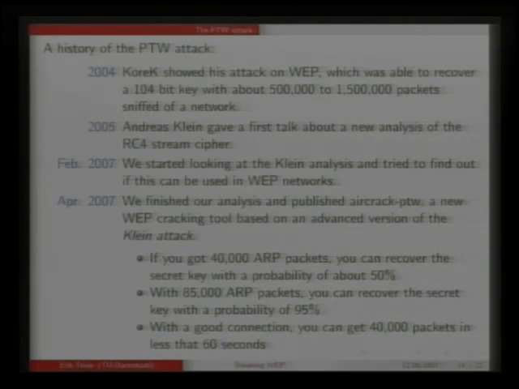And the exact number of packets depends a little bit on the exact structure of the key and how much luck you got, for example, it depends on the IVs which were chosen, but all methods which are currently implemented in access points usually tend to generate IVs which make it possible to decrypt the key with 40,000 to 85,000 packets received.